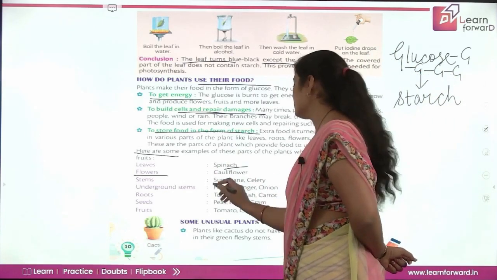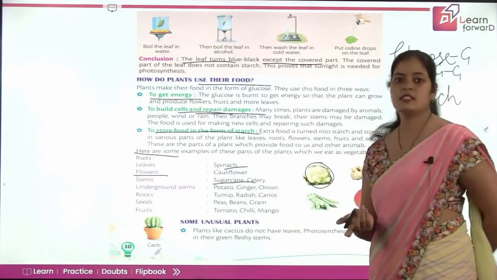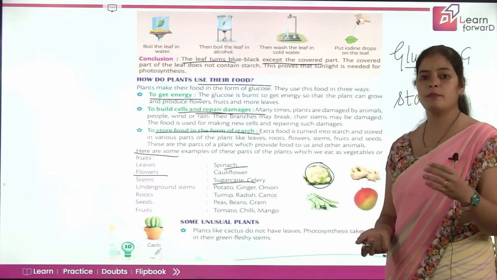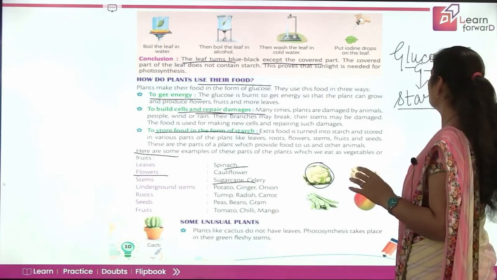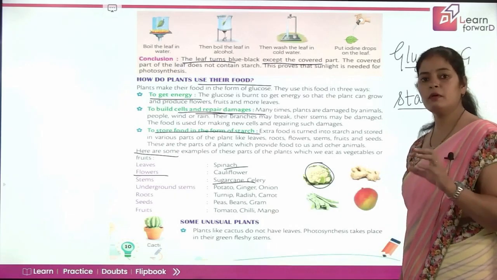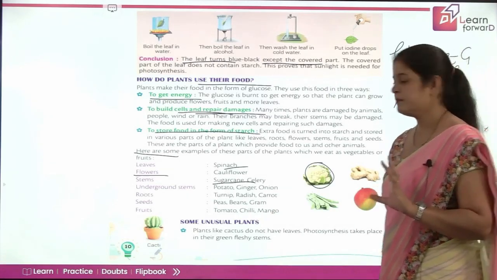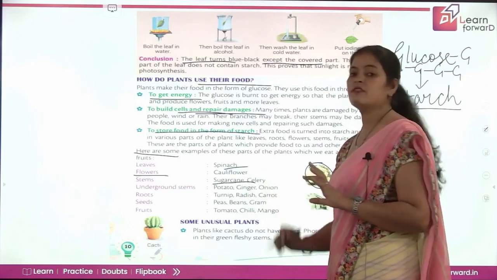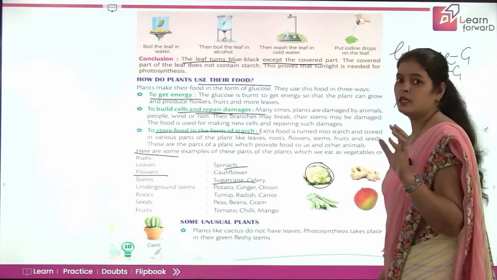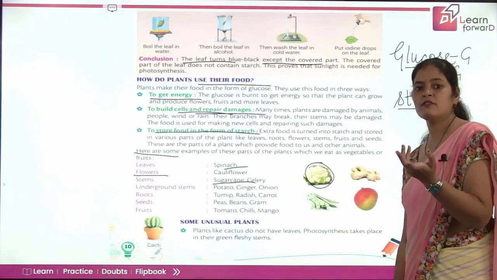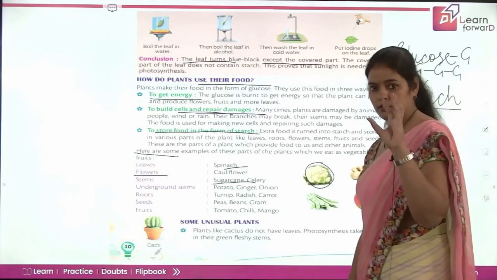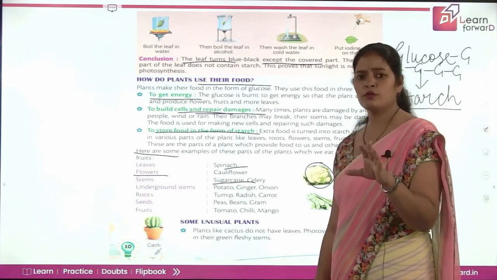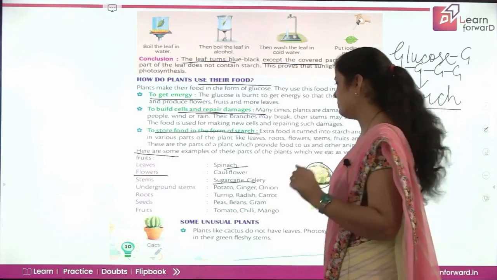Now stems, sugarcane. Sugarcane is the stem part of the plant and starch is stored there. Every edible part of a plant has starch. So they have sugarcane, celery, and drumsticks also. They have stem parts with this stored food and we use it as the edible part.